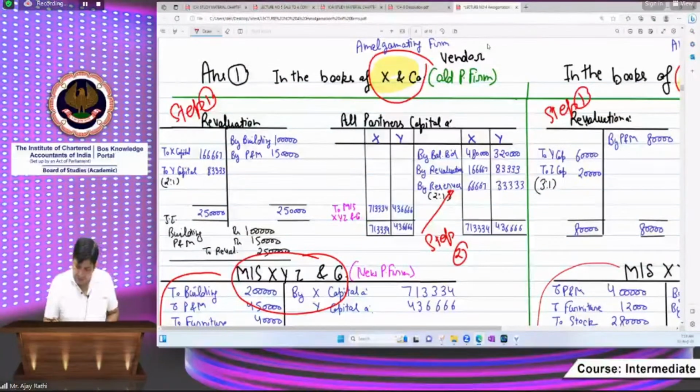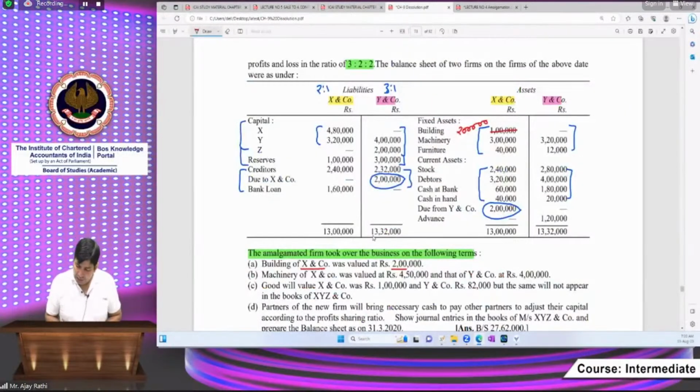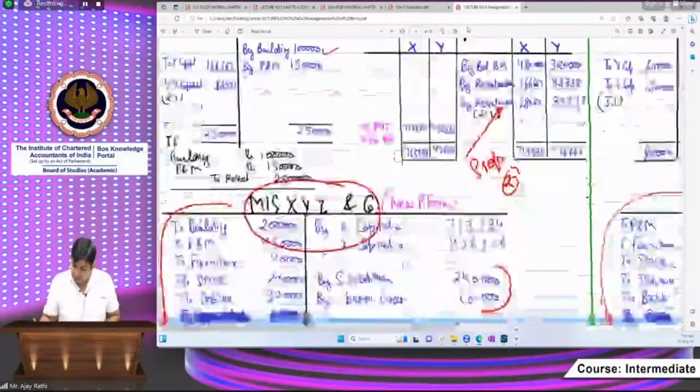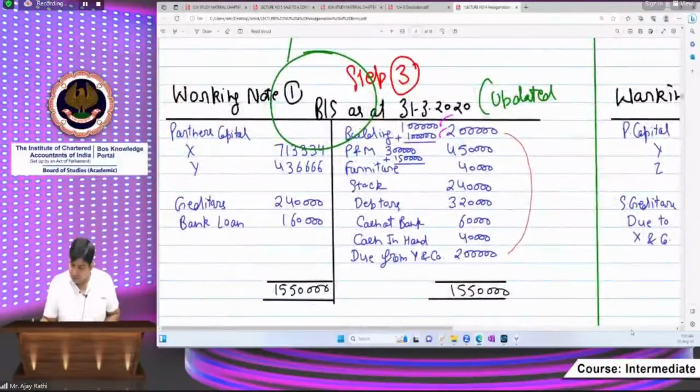Step number first, building account debit in the books of Action company I am doing, and simultaneously I shall also tick in the books of Y and company according to the requirement. Beta, 2 lakh is there. It means there is a revaluation profit, that is how much? 1 lakh. Can I update in the balance sheet also? Yes, sir. Here in the working note, we are also preparing a balance sheet.